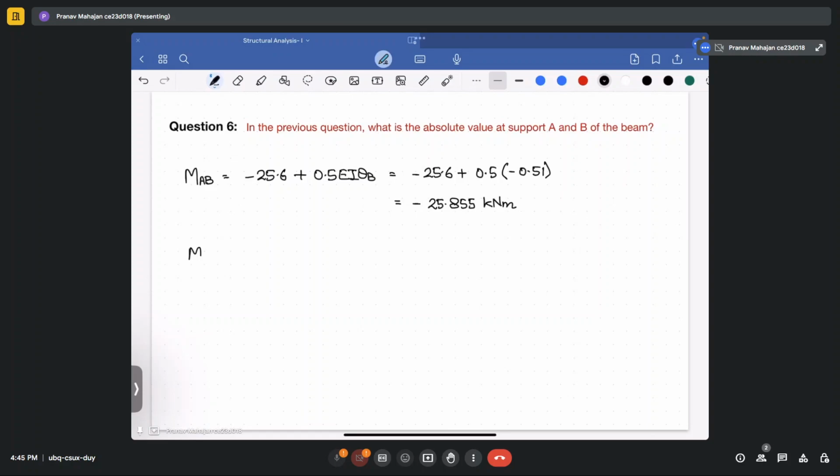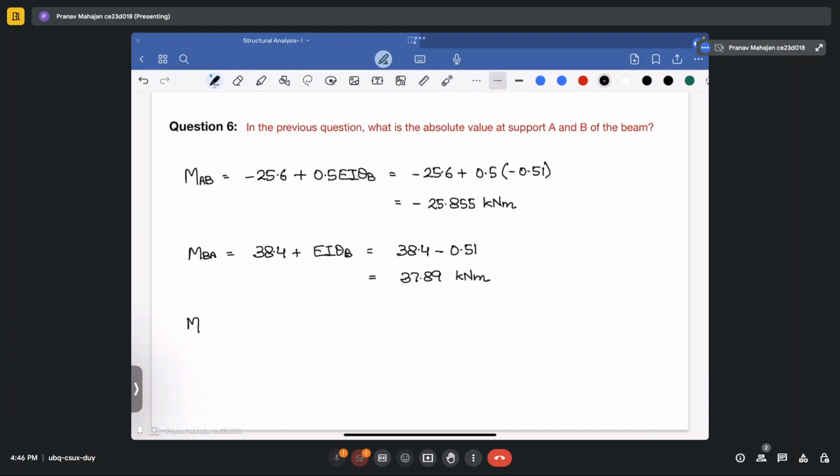For MBA, the equation is 38.4 plus EI theta B. So it will be 38.4 minus 0.51, which is 37.89 kilonewton meter.